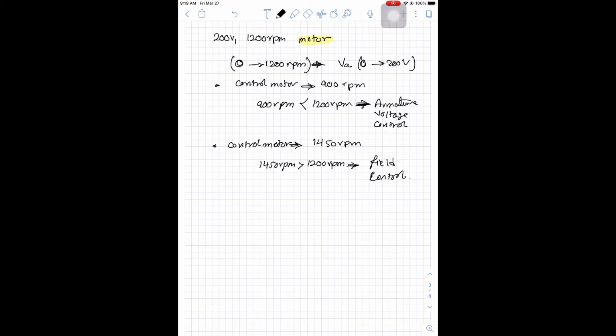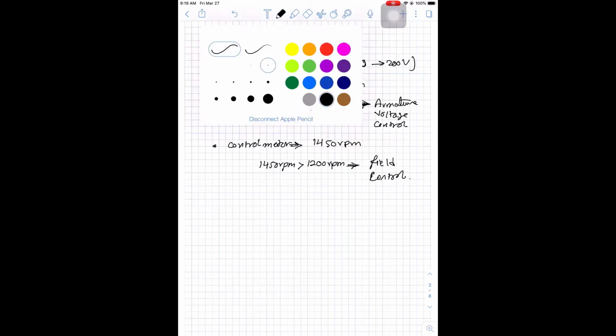So sometimes in the exam questions, you will have to determine which speed control technique you are going to use. The test is comparing the value given with the rated speed. If the value is below rated speed, we do armature control, and if the value is larger than rated speed, we do field control.